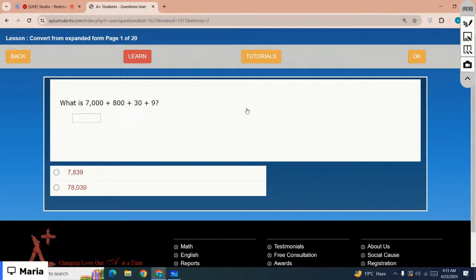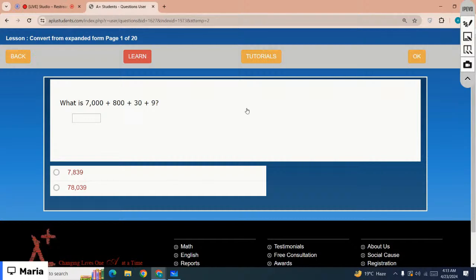Which is the digit you make from these numbers? 7,000 means 7 is the digit at the thousands place.